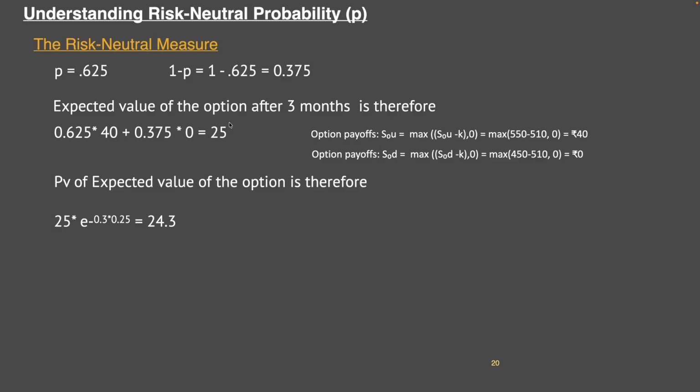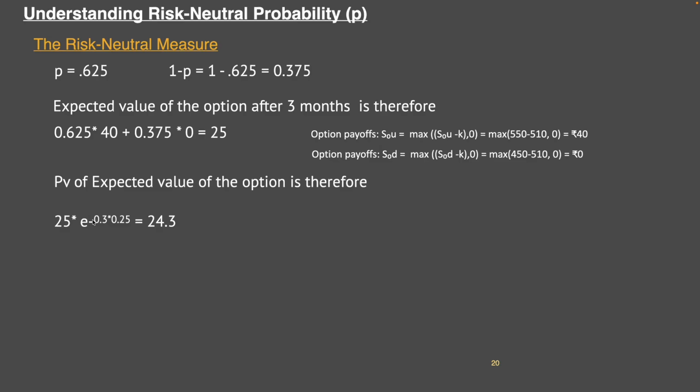So how do we know the value of the 25 today? We are going to calculate the present value of 25. How do we calculate the present value of 25? You continuously compound, that is E to the power minus 0.3. Why minus? You are calculating the present value. You are not calculating the future value. So when you calculate the present value, the risk-free interest rate becomes negative.